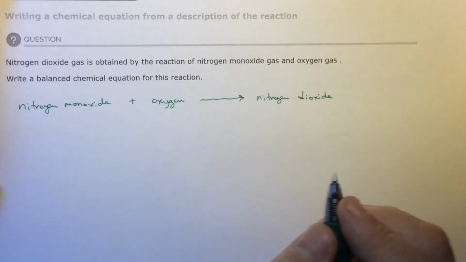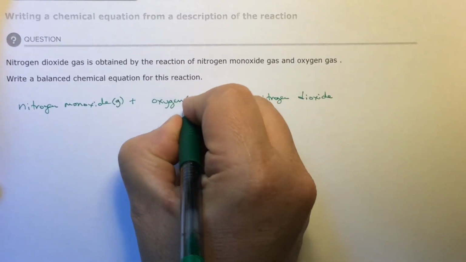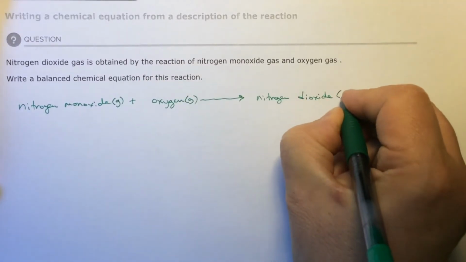All right, so this is a gas. I know that. Oxygen is a gas, it says, and nitrogen dioxide is a gas.